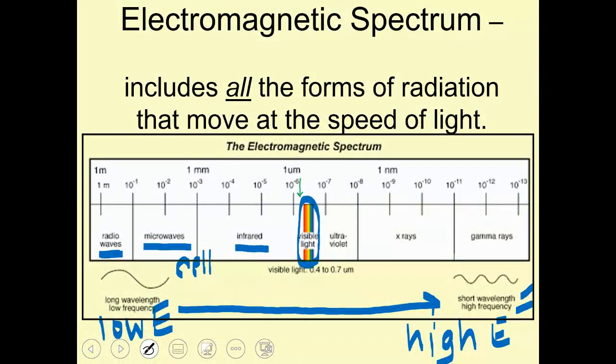Just see how the red is here, and this is longer wavelengths over here. See that? And then the purple is on this end up here, and these are the shorter wavelengths. So even within that visible region, some of the waves are longer and some of them are shorter.